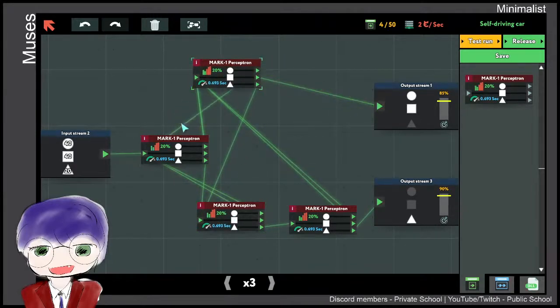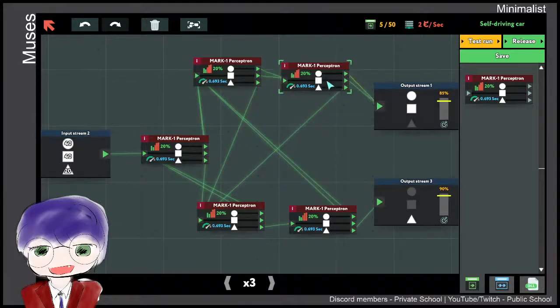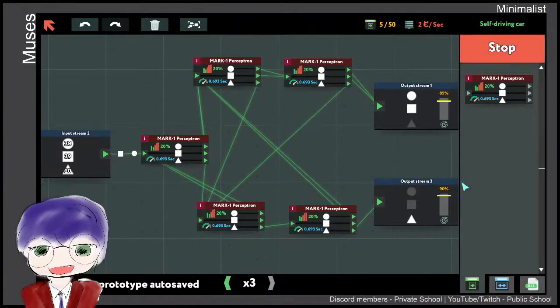Actually, why don't we do this since we have the processing time for it anyway? Wait, what? Oh, no. This would go in here. This triangle will go over here. And then this would go in here. I think that's how it works, yes. Let's see how our accuracy improves.